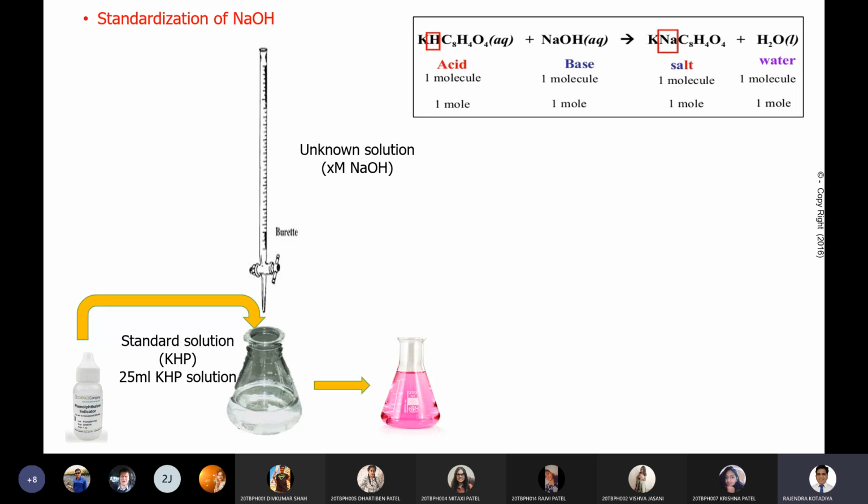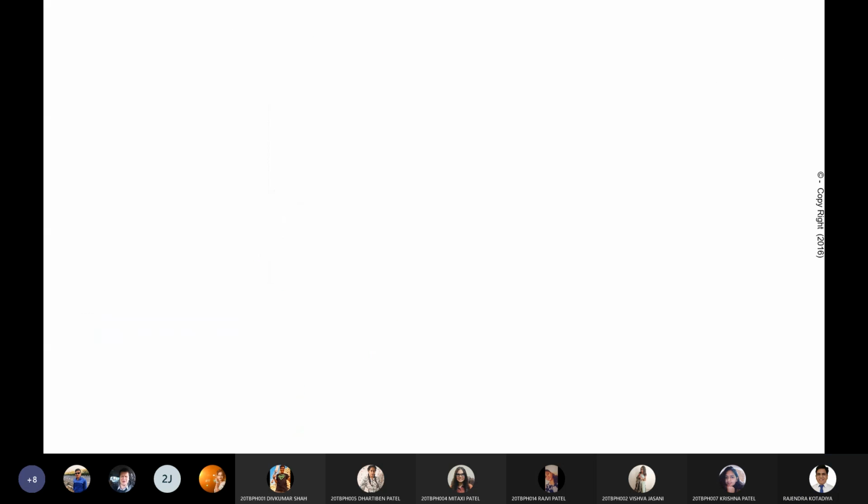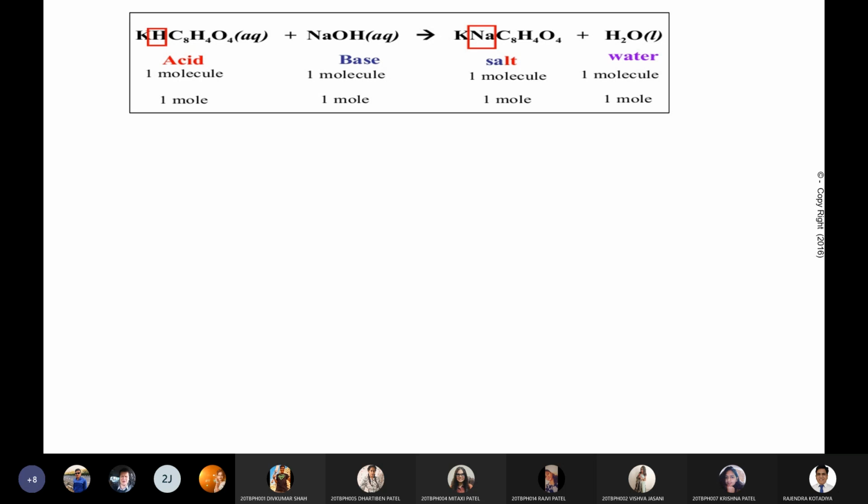Now we'll look at the reaction between KHP and NaOH. What does it mean? It shows us that 1 mole of KHP is reacting with 1 mole of NaOH, and that results in equal or equivalent mole of salt.